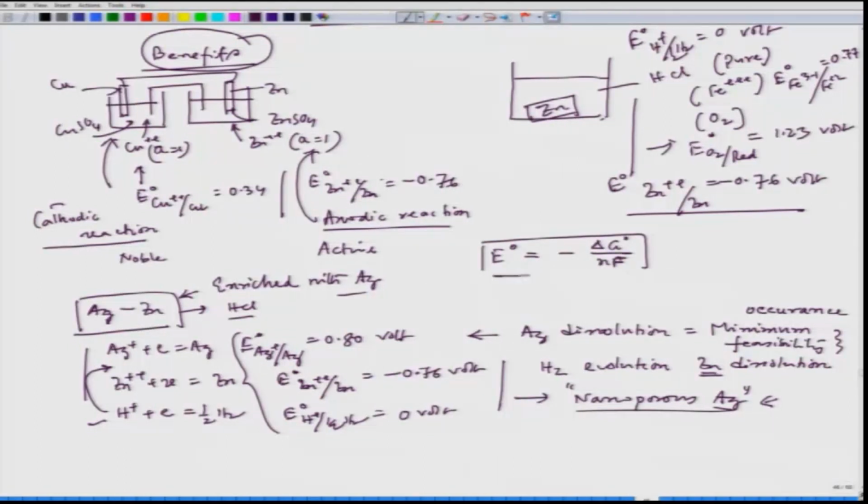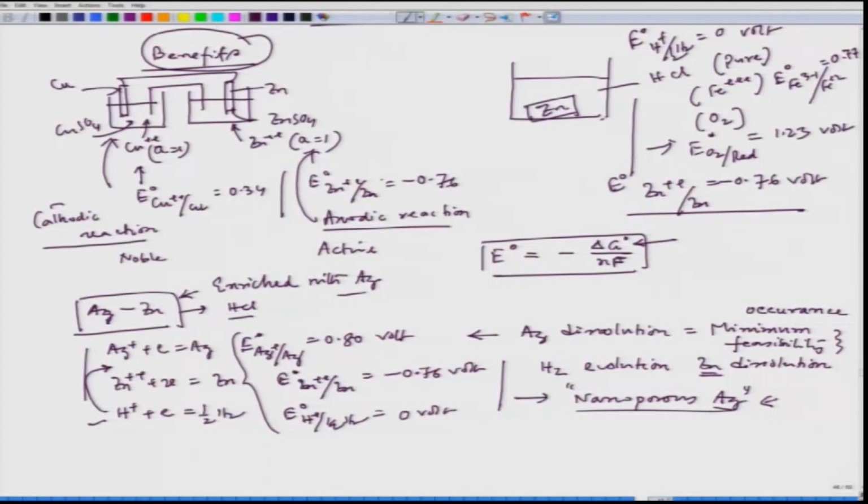So, this delta G0 is a thermodynamic state function change, which is the Gibbs free energy change in the standard condition. n is the number of electrons associated with that reduction process, and F is one Faraday. So, at least from this we can tell that thermodynamically zinc dissolution would happen and the other reduction processes would take place.